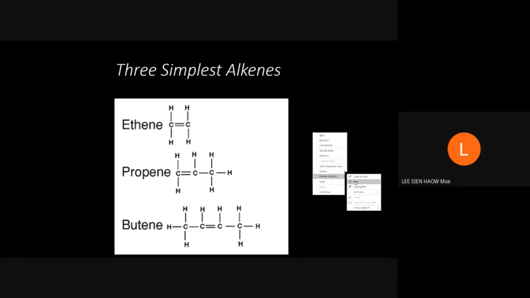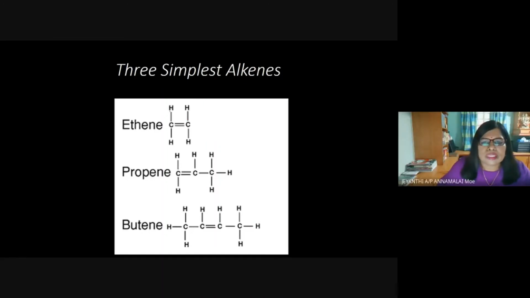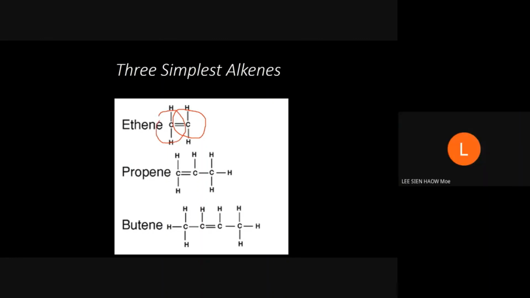Look at this C. I just want you to check whether it got 4 bonds or not. 1 line, 2 line, 3 line, 4 line. All right. Good, teacher. 4 lines. But then look at this C now. Do they have 4 lines or not? Yes, teacher. 4 lines.